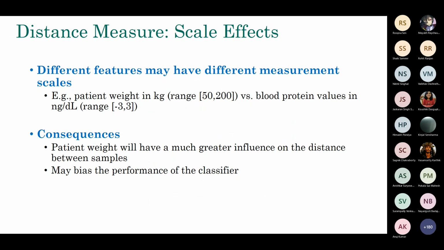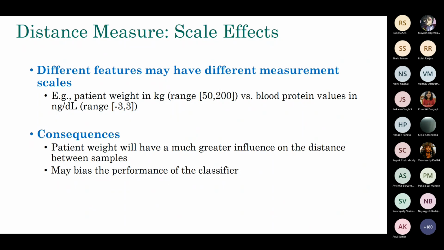Now, one of the questions that was asked a little while ago was about scaling effects. Different features may have different measurement scales when you are getting the raw data. For example, patient weight in kilograms. You have the patient features, and you want to use that data to predict a health issue. We often take the patient weight, which is in kilograms, and say we also recorded the blood protein values for the same patient, which is in nanograms per deciliter.